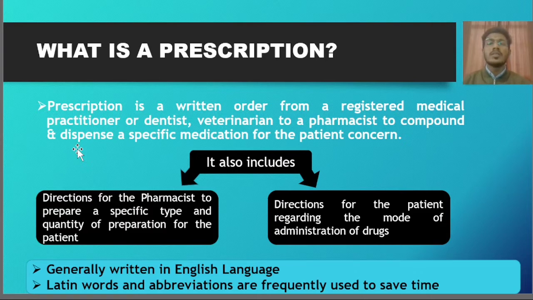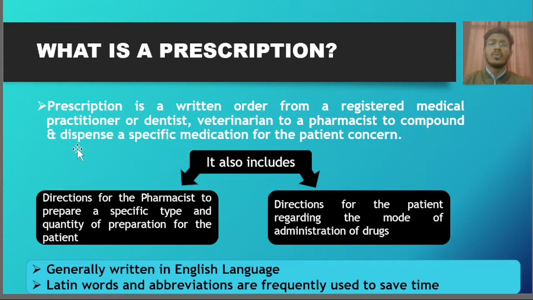So, not just the medication prescribed for a human being will be considered a prescription. Along with that, medication prescribed by veterinary doctors for animals will also be considered a prescription. A standard prescription should include direction for the pharmacist to prepare a specific type and quantity of preparation for the patient. Along with it, direction for the patient regarding the mode of administration of drugs should be present in a prescription.